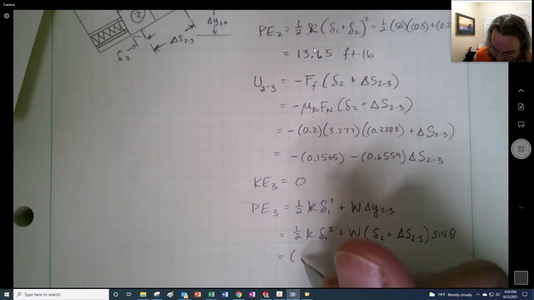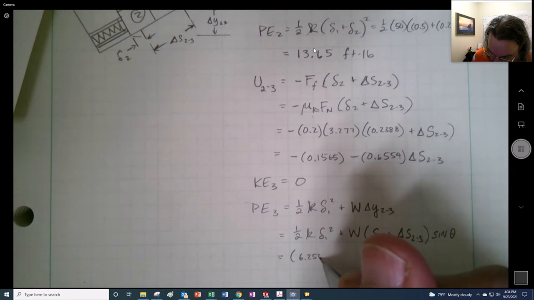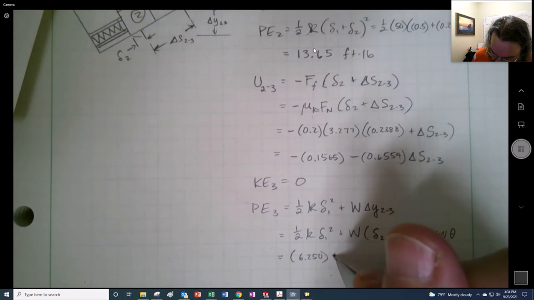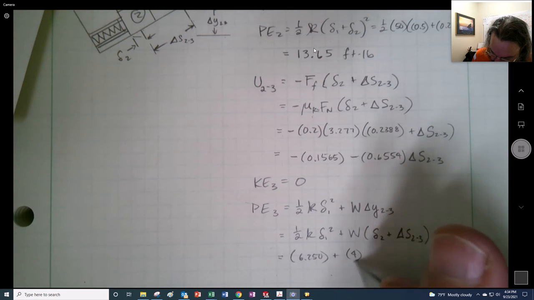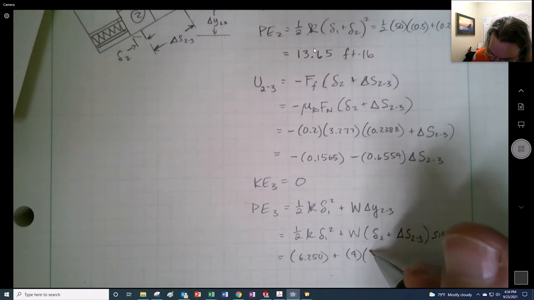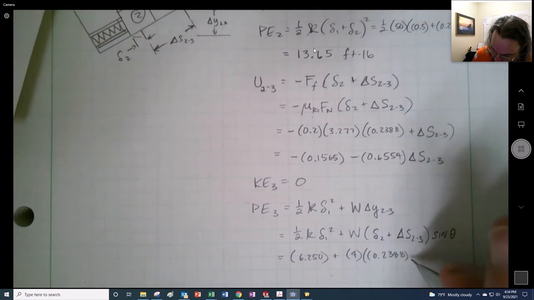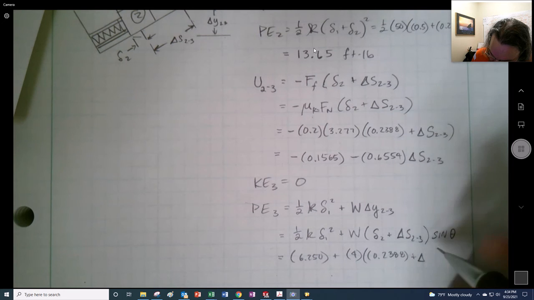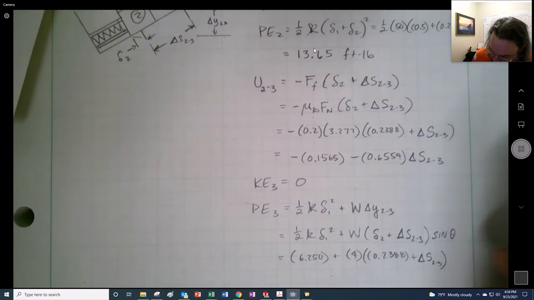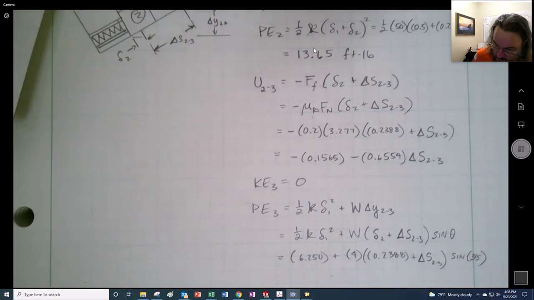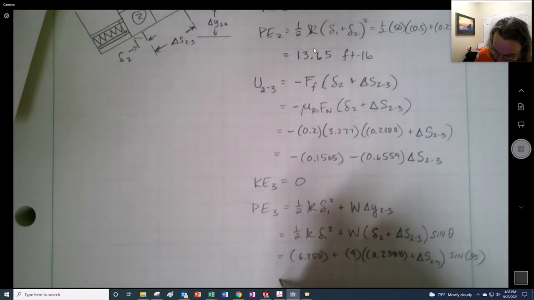This one we can just put in the number 6.25 because it's going to be the spring returning. You have the weight of 4 times what we found, 0.2388, plus the thing we want to find. Darn, I'm kind of cramming it in here. Times the sine of 35.